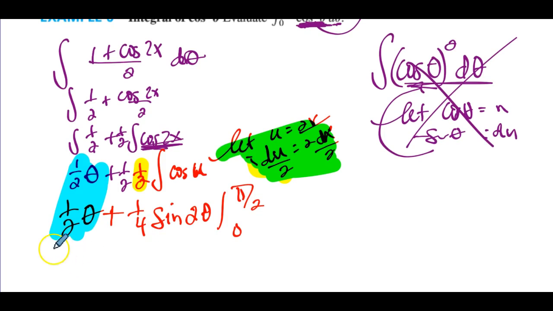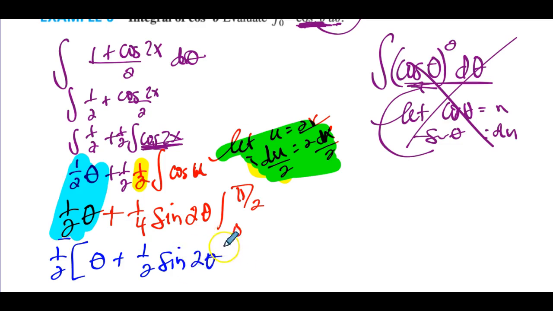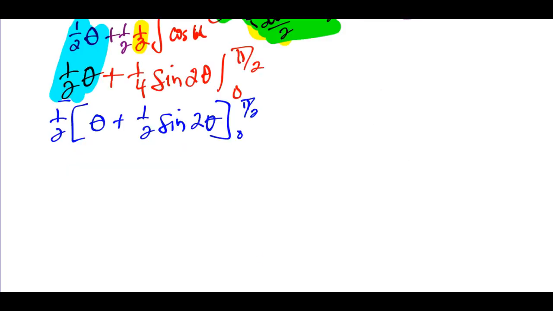In here, I could pop out a 1/2, so I could do 1/2 of theta plus 1/2 sine of 2 theta. That'll clean it up just a little, not much, between 0 and pi over 2.